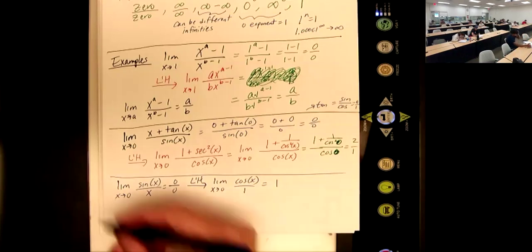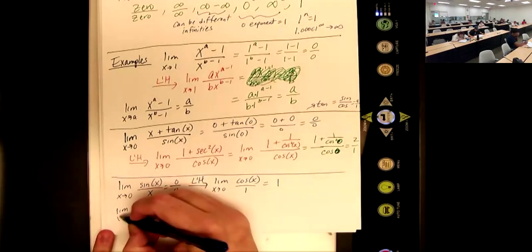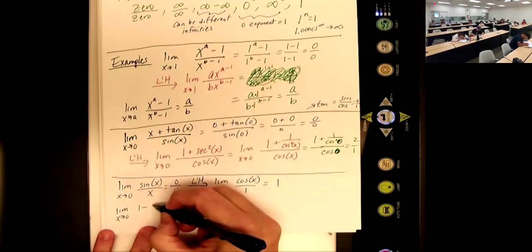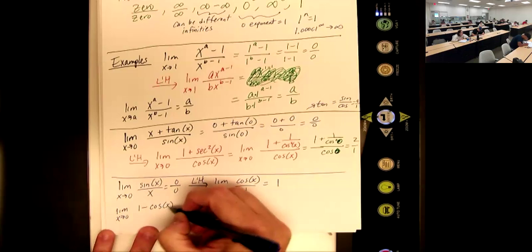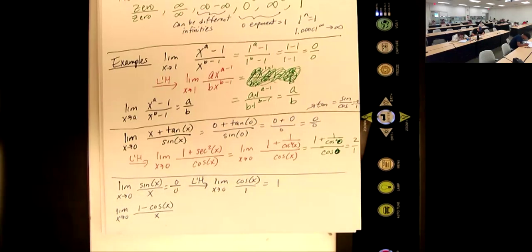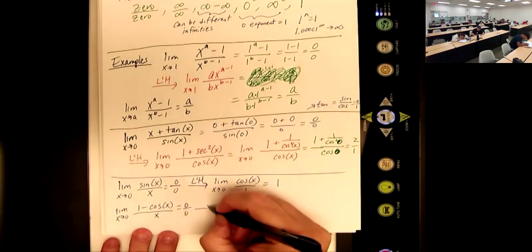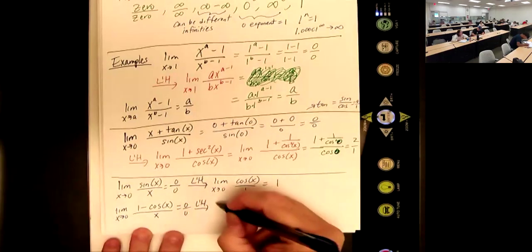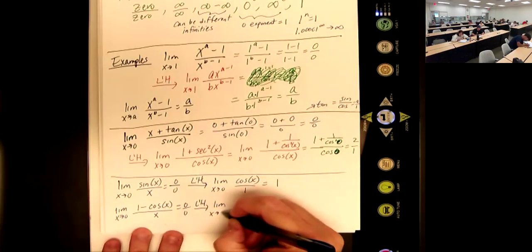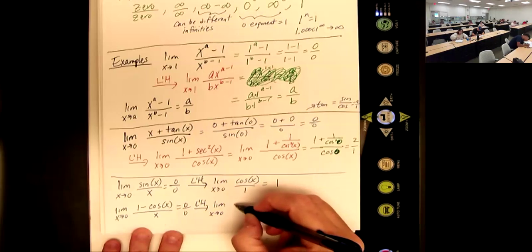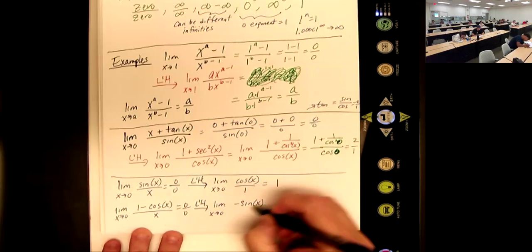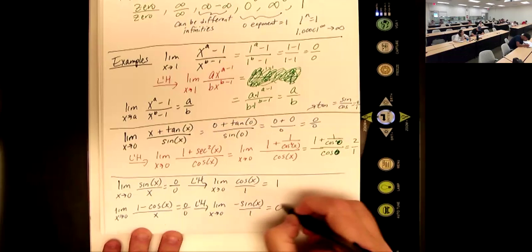We also had, I want to say, we looked at 1 minus cosine x over x, and that ends up being 0 over 0. So if we do L'Hopital on this, we get sine x over 1, which is just 0.